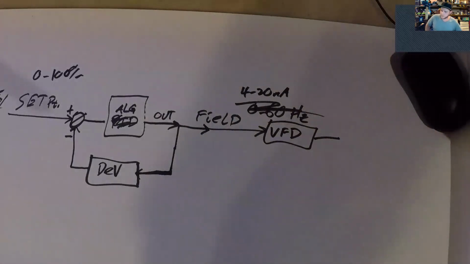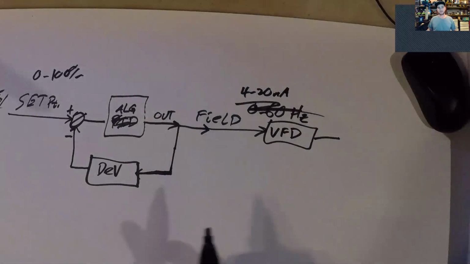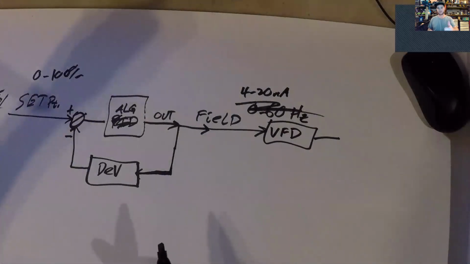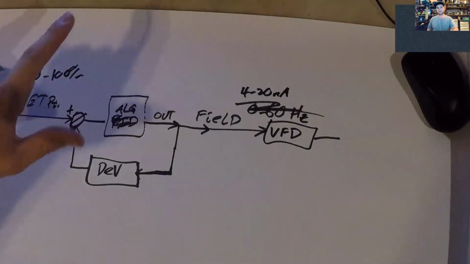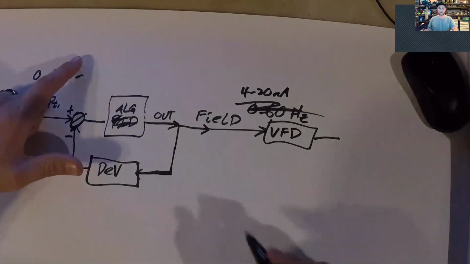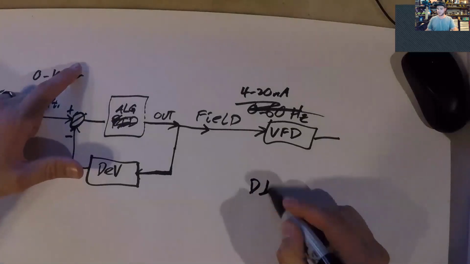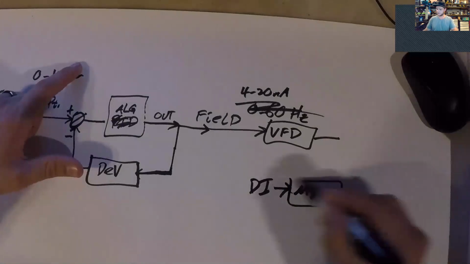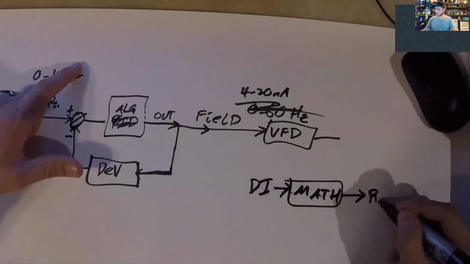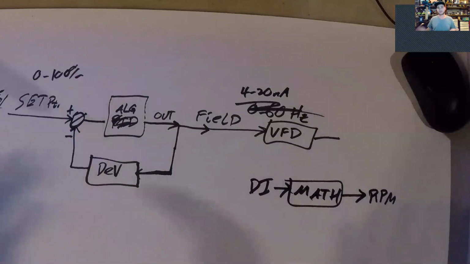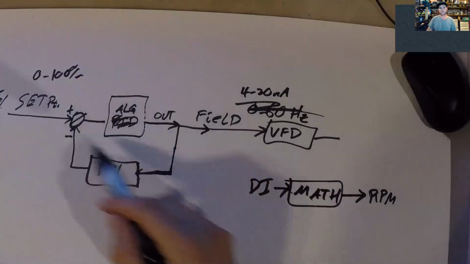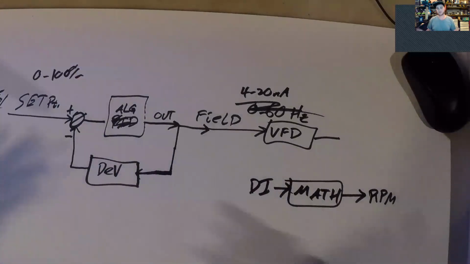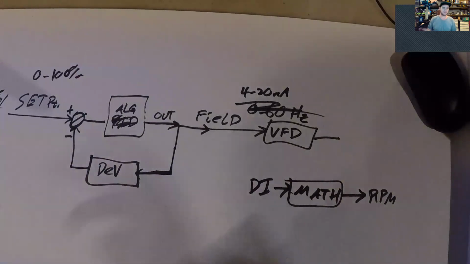So to implement this, I need my set point, which is my user input. I need my process variable, which in our case is that discrete input into our math function, which outputs RPM. That's our measured field value, right? And then you need the tuning parameters for this algorithm. And that's basically it. And so what this does is this loop executes, I think, multiple times per millisecond.